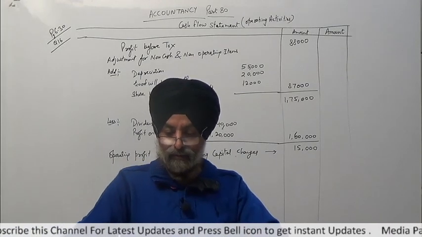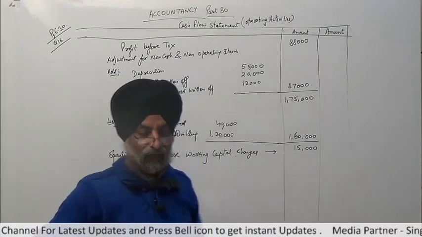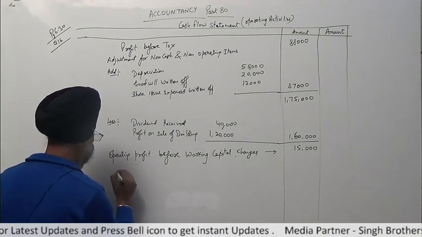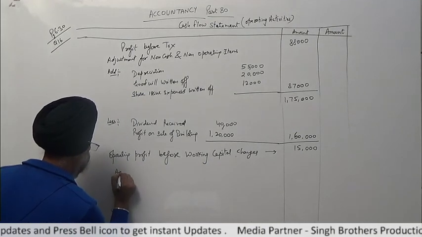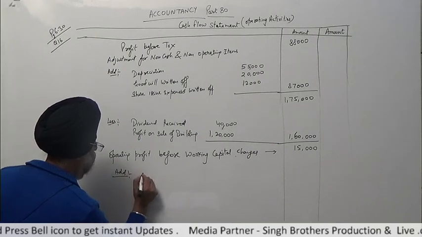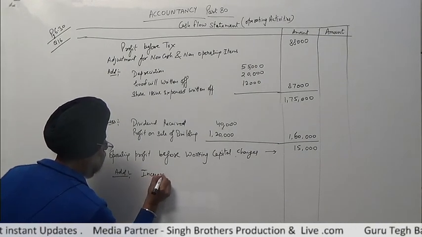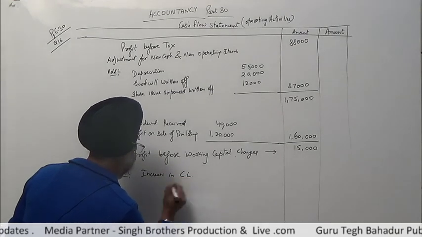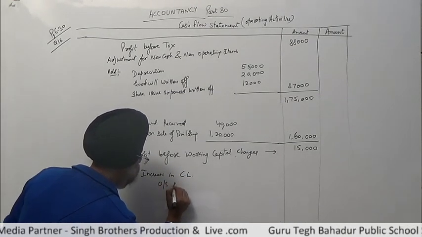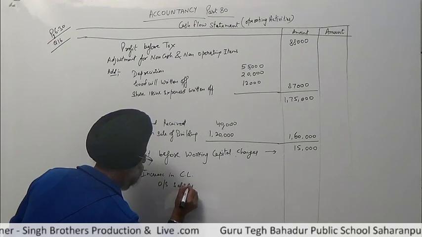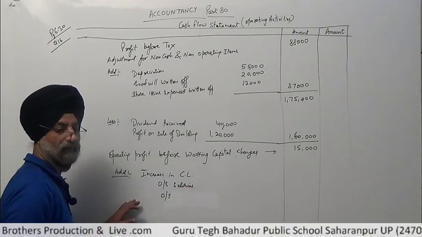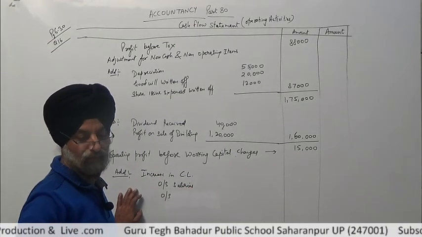In the additional information, all these values are given: outstanding salaries and outstanding wages.